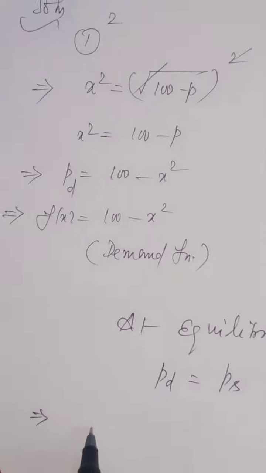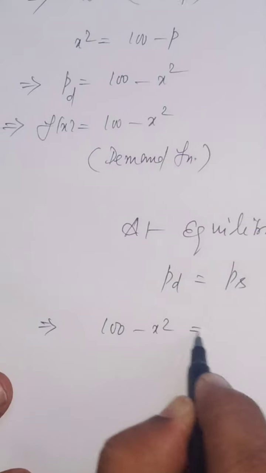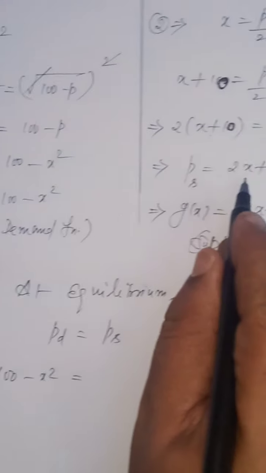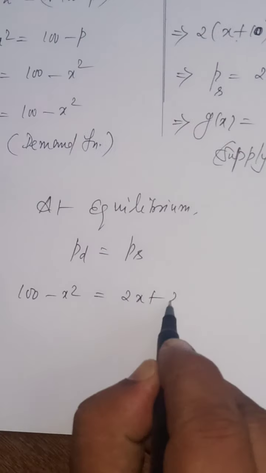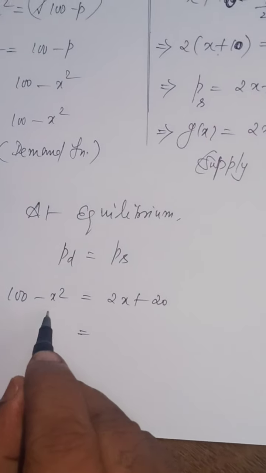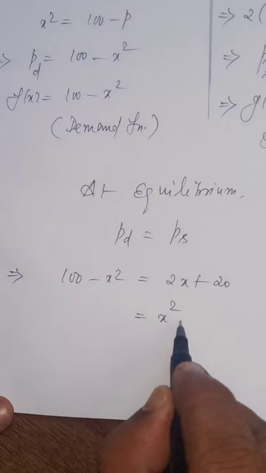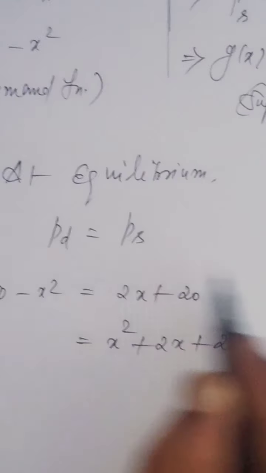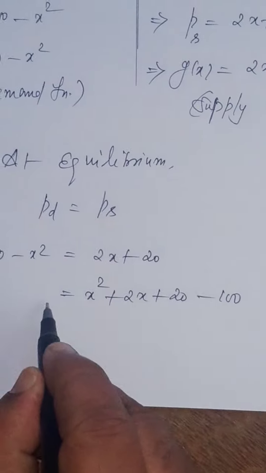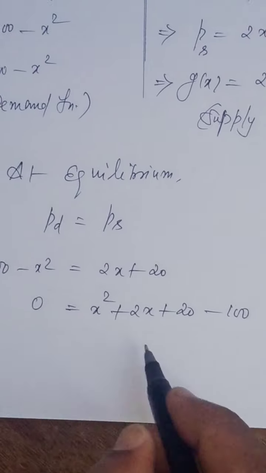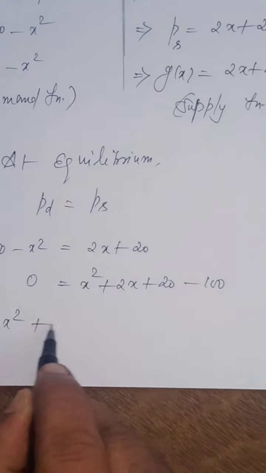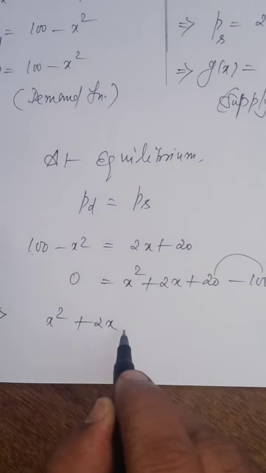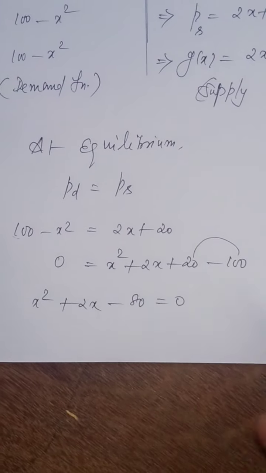PD here is 100 minus x square, PS here is 2x plus 20. So minus x square comes to the right hand side plus x square, and 2x as it is, 20 as it is. This 100 comes to the right hand side minus 100. Nothing on the left hand side, so I write 0. So x square plus 2x, 20 minus 100 that is minus 80, equals 0.